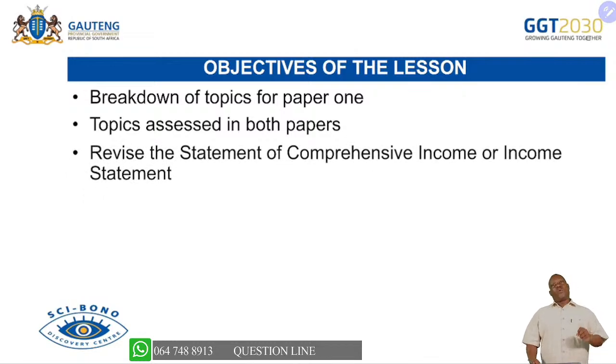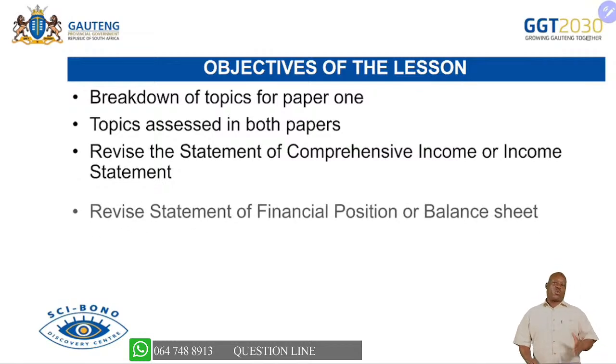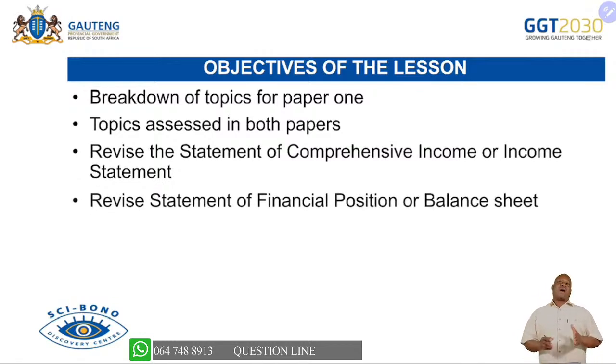And then we are going to have a revision on those adjustments that we always face when we get to the income statement. And then we are also going to look into the balance sheet together with the notes to these financial statements. Let's get down to it.